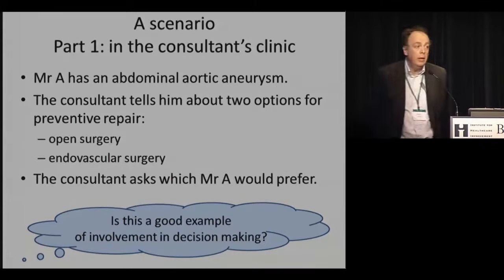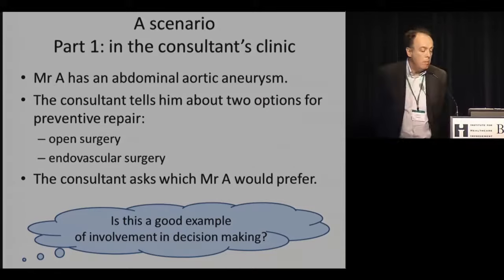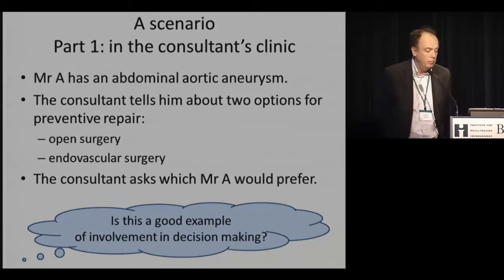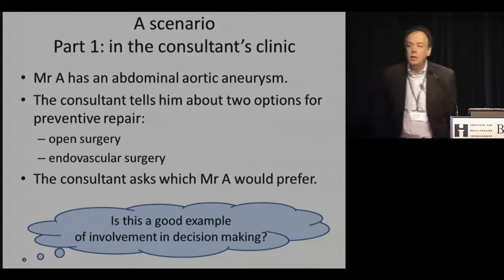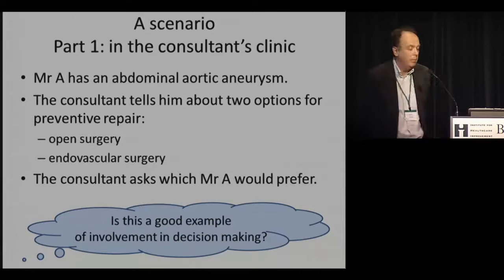And the consultant then goes on to ask which option Mr. A would prefer. So that's a very simplified and abbreviated scenario, but again, taking Vikki's questions, is something that you would recognise. Would you see this as being a good example of involvement in decision-making?